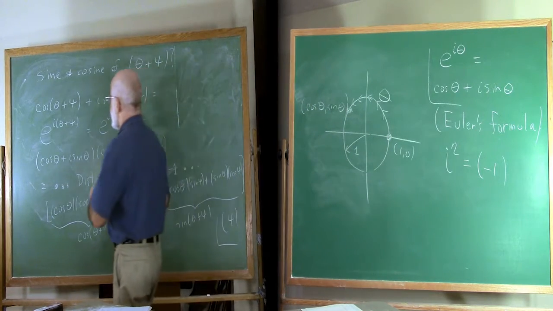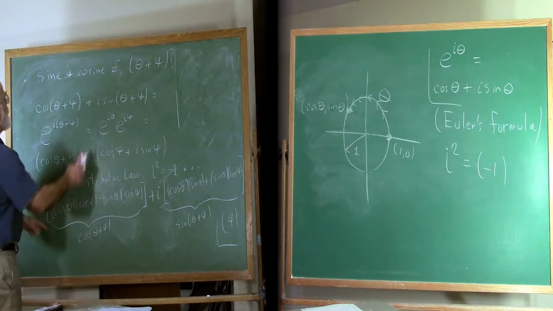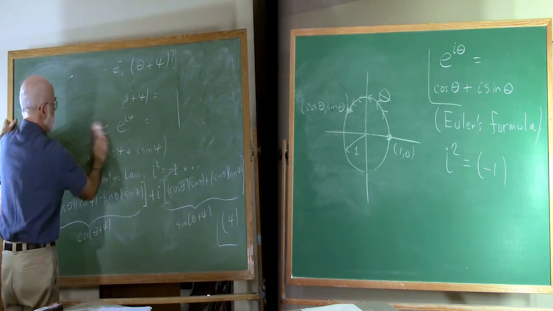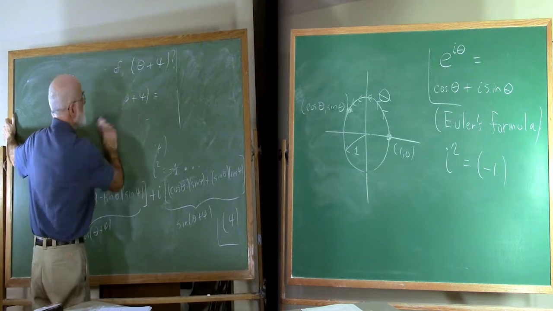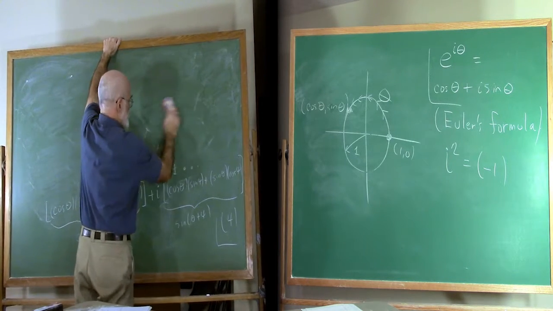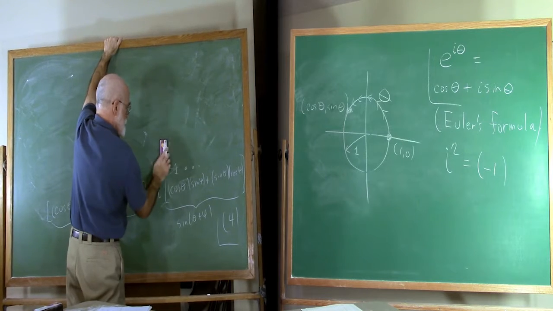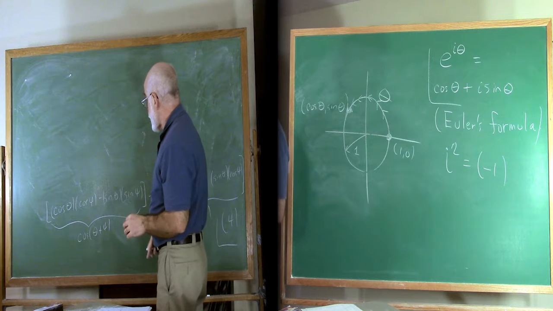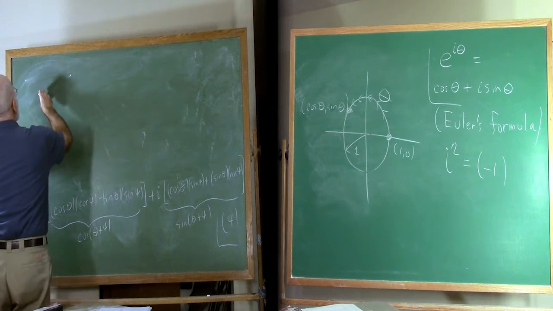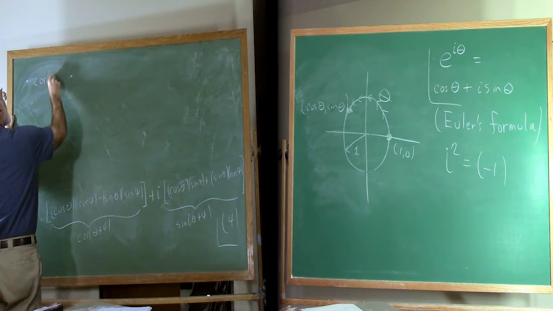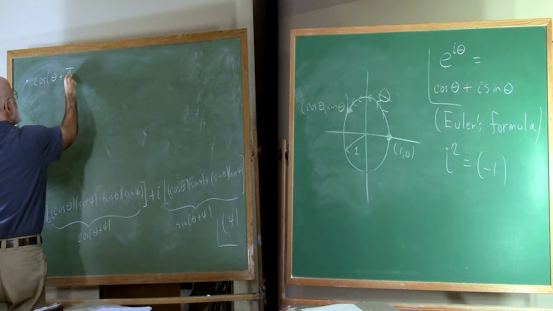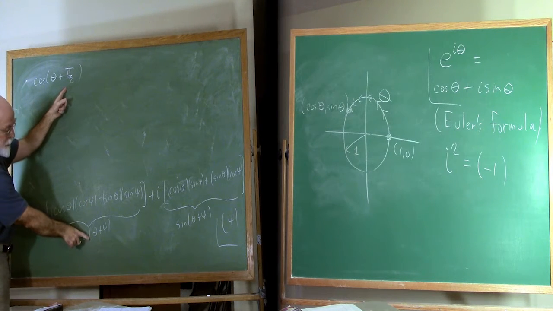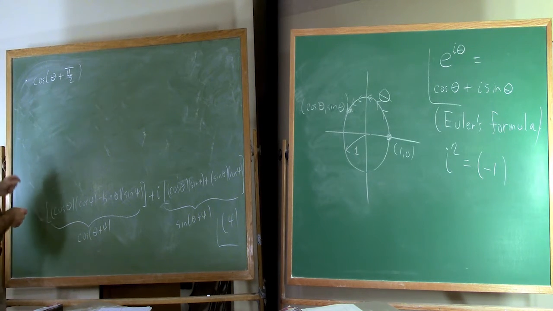Here's another special case. Let's say we add pi over 2 to theta. In other words, that's the psi in this formula for cosine.